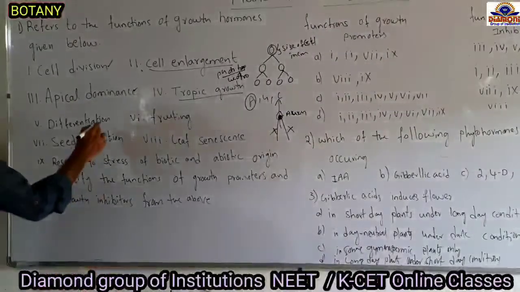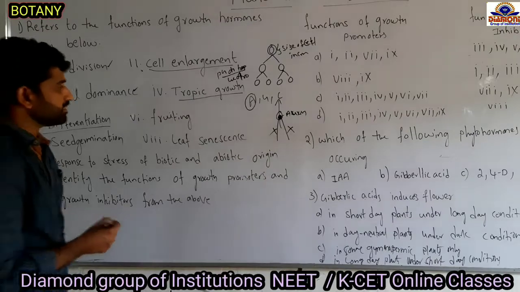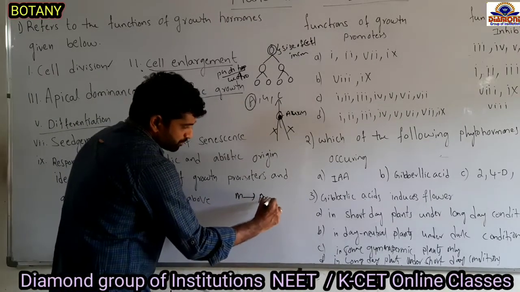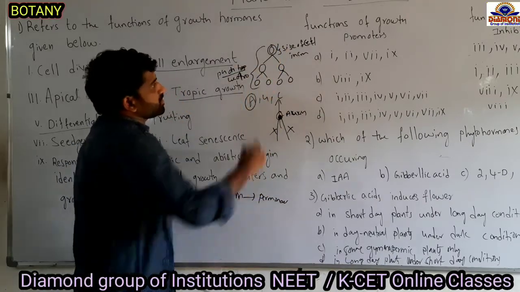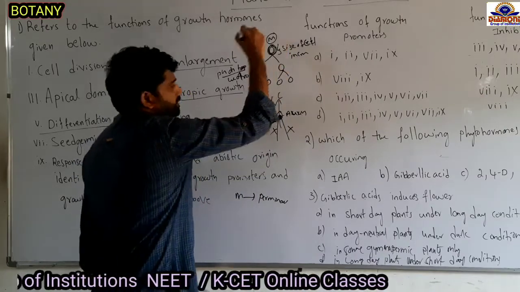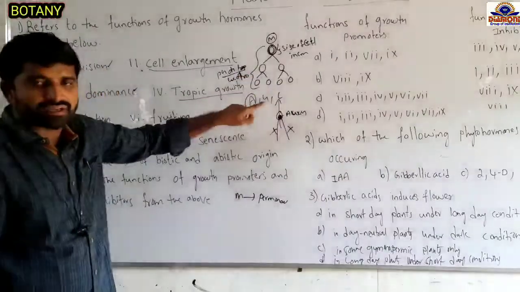And differentiation. Here, meristematic tissues are converted into permanent tissues. Here I said cell divisions. These are the cell divisions of a parental cell having meristematic nature. That meristematic cell can undergo division and form permanent cells.